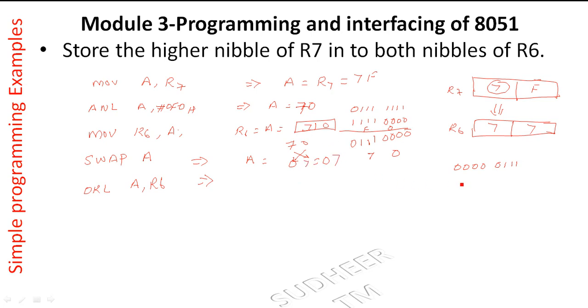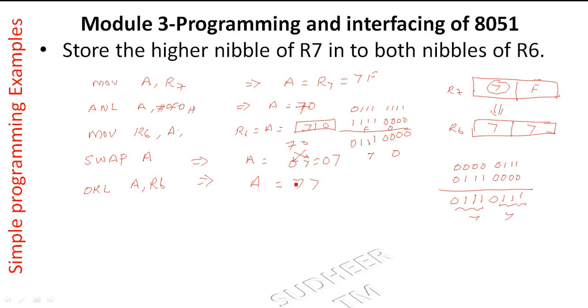It is 70. So 70 is 0111 0000. If you do the OR operation, 1 OR 0 is 1, and so on, 0 OR 0 is 0. This is 7, this is also 7. So after executing this instruction, our A is equal to 77.